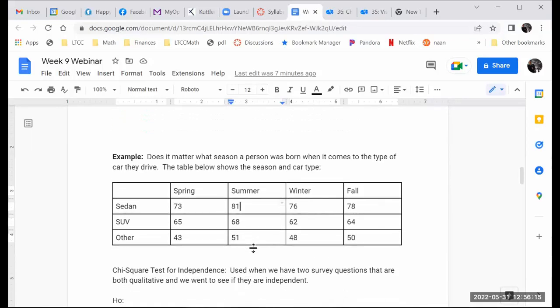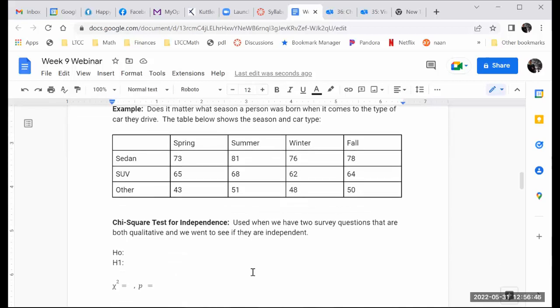So we're going to use what's called a chi-squared test for independence. That's our next type of test. It's used when we have two survey questions that are both qualitative, and we want to see if they're independent or dependent. Any questions on the idea of a chi-squared test for independence?